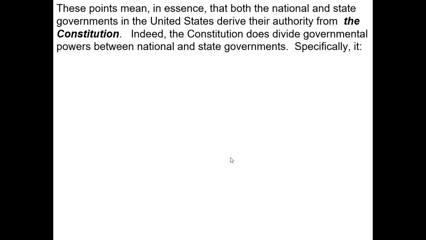It was actually a very interesting case decided by the United States Supreme Court in the years just after the Civil War. The Civil War ended in 1865. This case came before the Supreme Court in 1870, called Texas versus White.